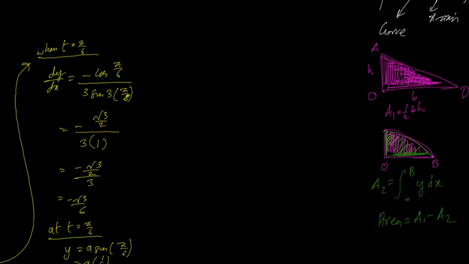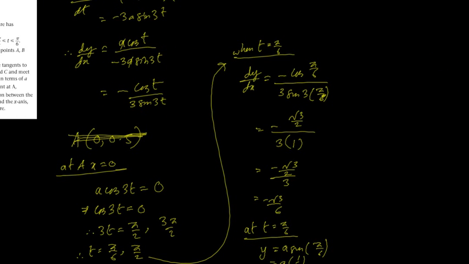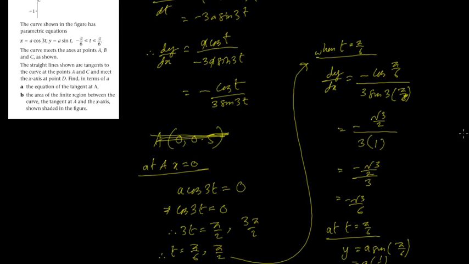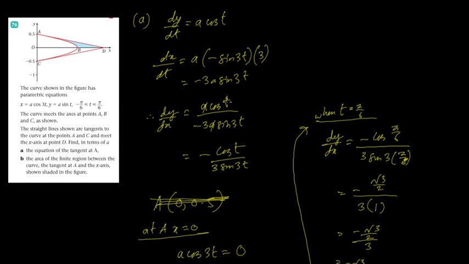For finding the area here, we can find out where the tangent cuts the x-axis. If we know where the tangent cuts the x-axis and we know the y-coordinate of A, then with half into base into height we can find the area of this triangle.